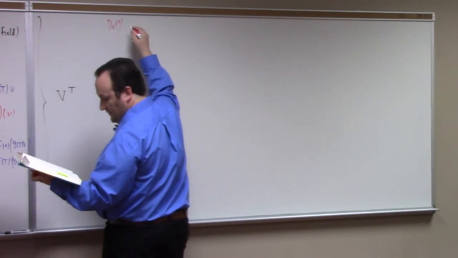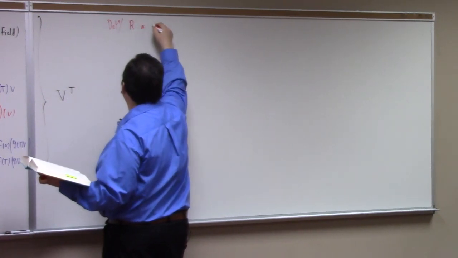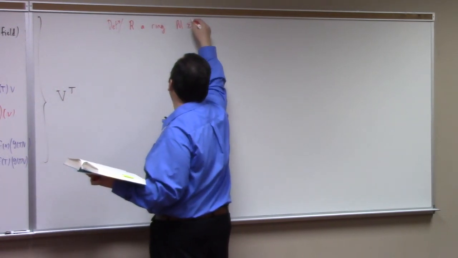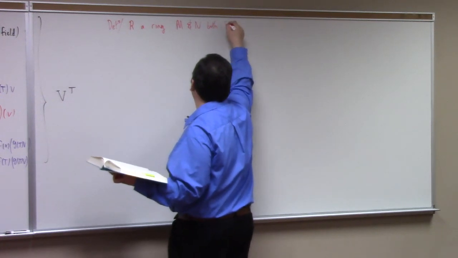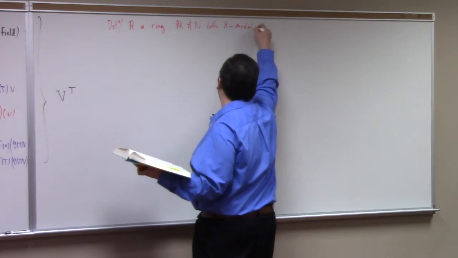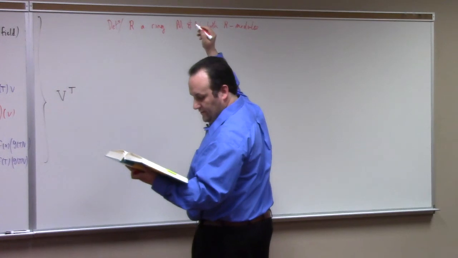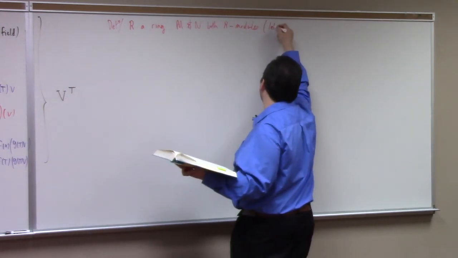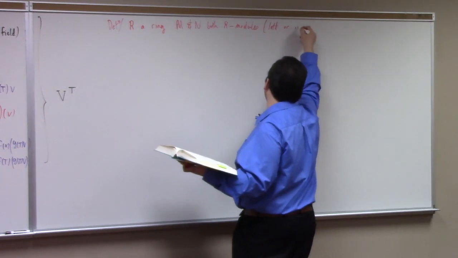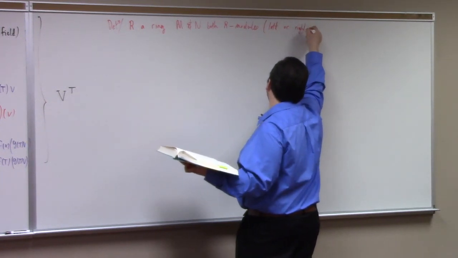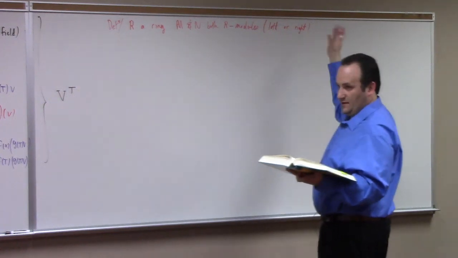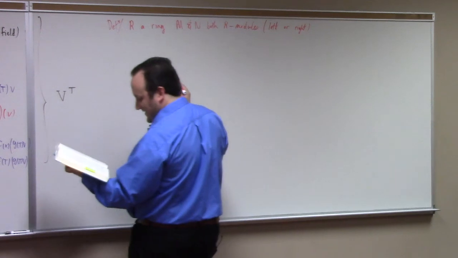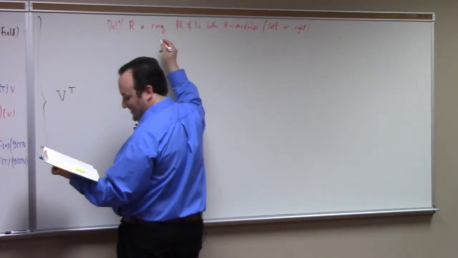So, anyways, definition. If R is a ring, and M and N both are modules, both left or both right, the same parity, same handed, I don't know what you want to call it.